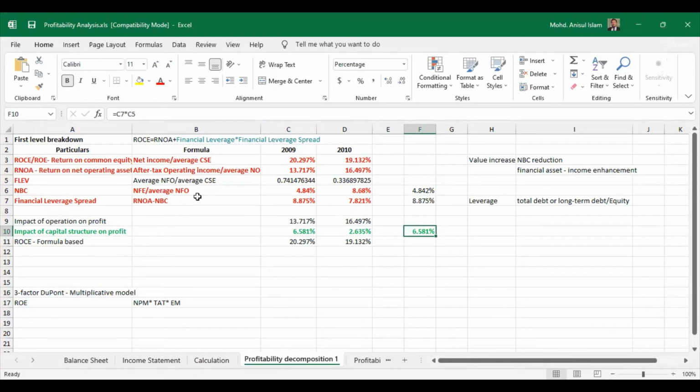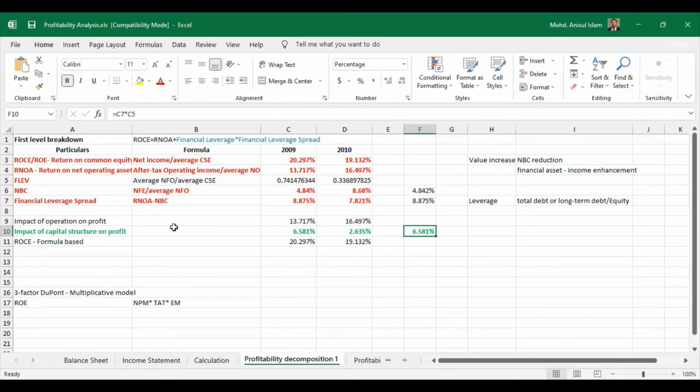So have you seen this breakdown? 13.71 indicates the return which is coming from return on net operating asset. But we understand the remaining 6.581% is coming from the notion that we have taken financial obligations.